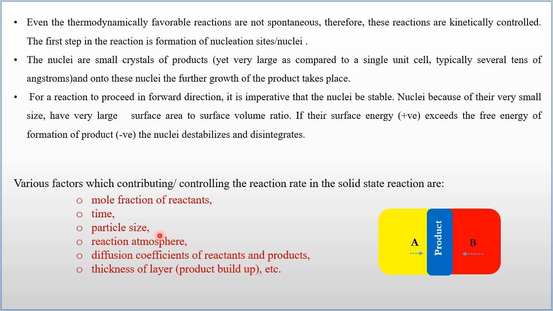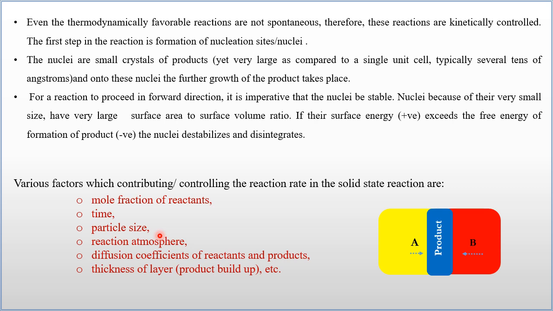The reaction atmosphere is also important, because if the reaction involves, for example, CO2 gas which is being emitted or produced as a byproduct, CO2 gas will be present in the reaction mixture, and it will be coming out of your reaction vessel into your atmosphere also.